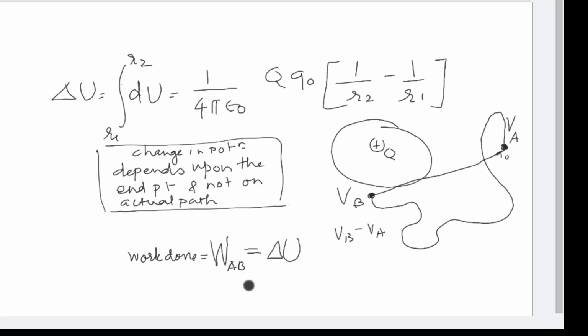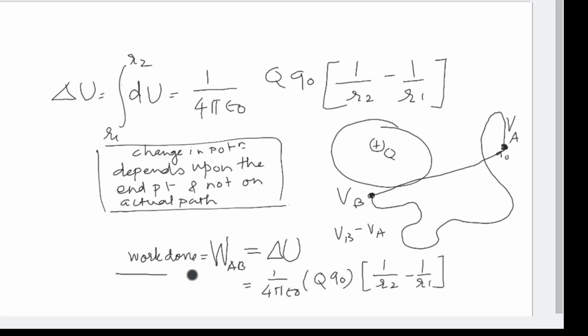So we have this equation, equals 1 upon 4 pi epsilon 0, into q0, into 1 upon r2 minus 1 upon r1.